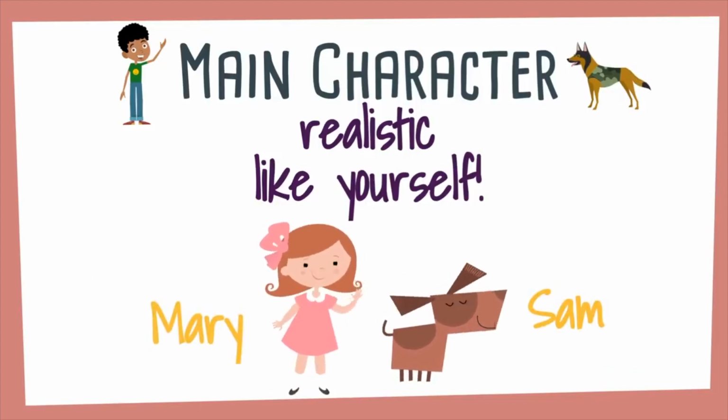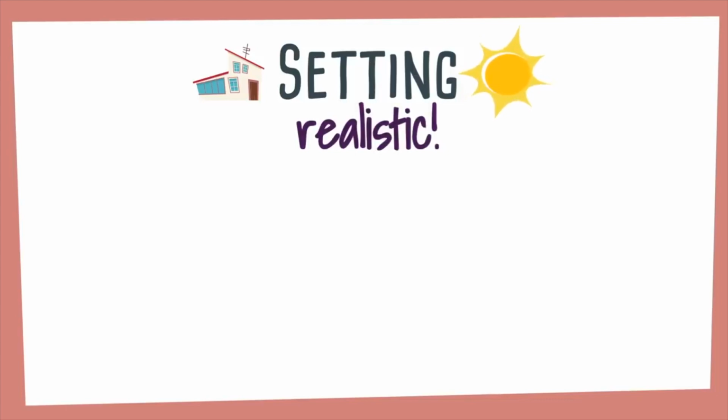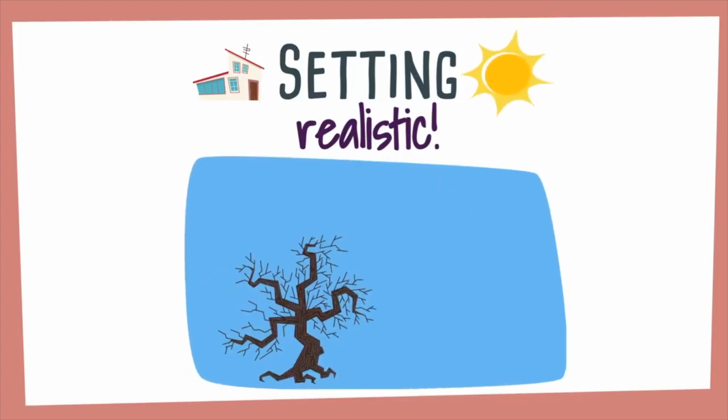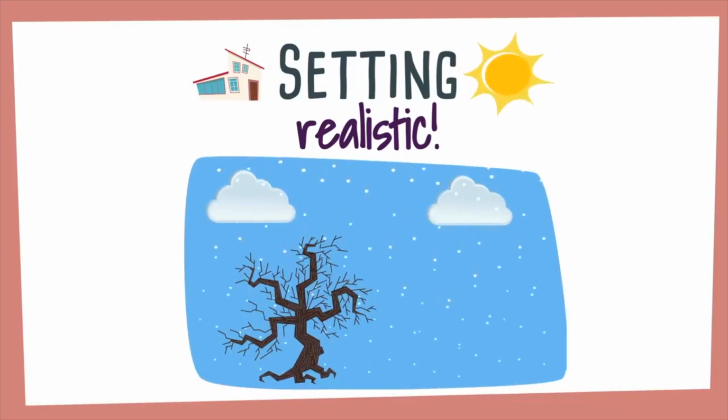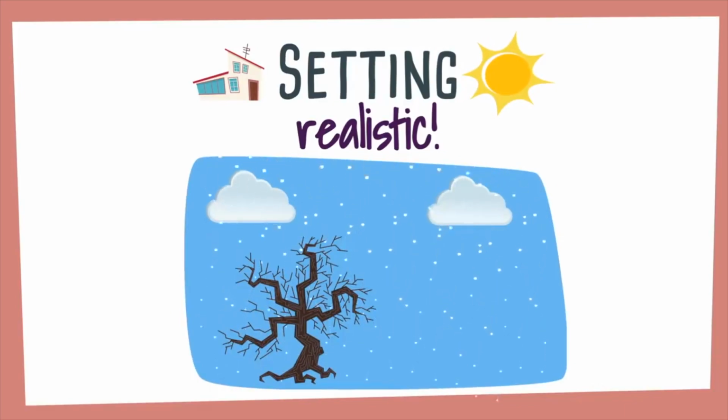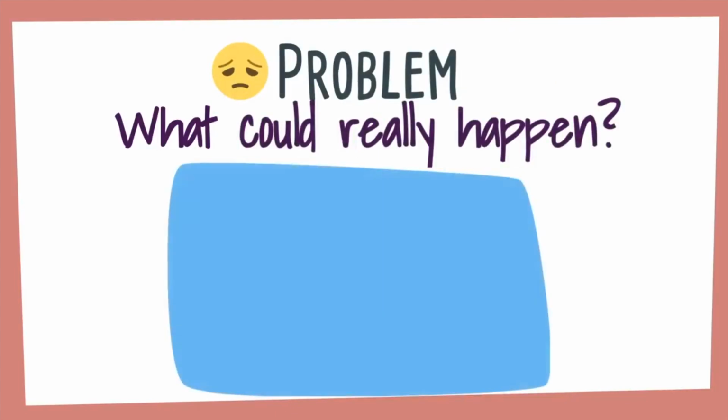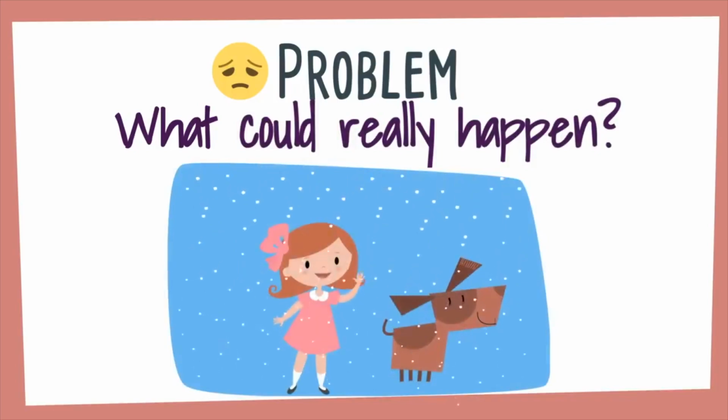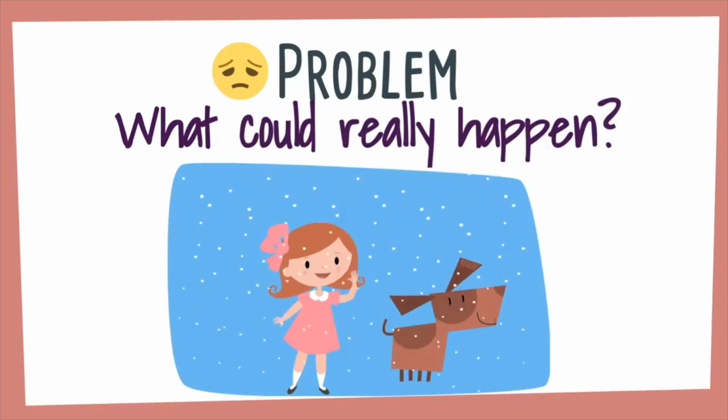Next, I need to decide on a setting. The setting is where and when the story takes place. It has to be realistic, though. I think I want to make my story take place outside on a snowy day. Now I need to think of a problem. What could really happen to a little girl and her dog on a snowy day?